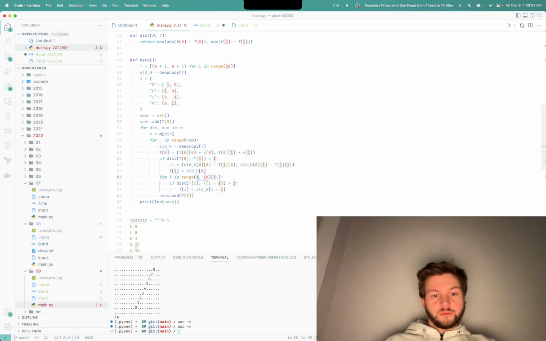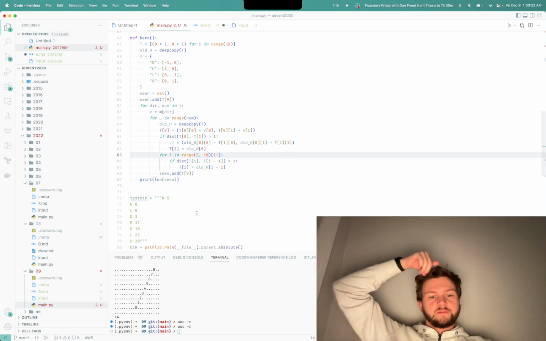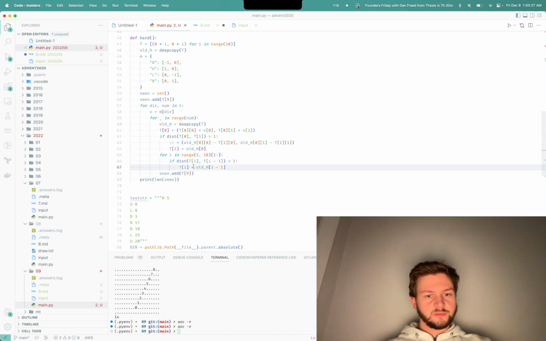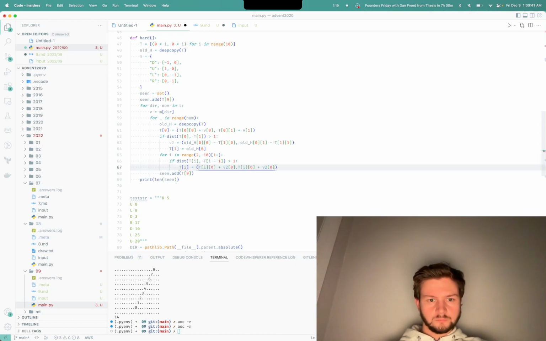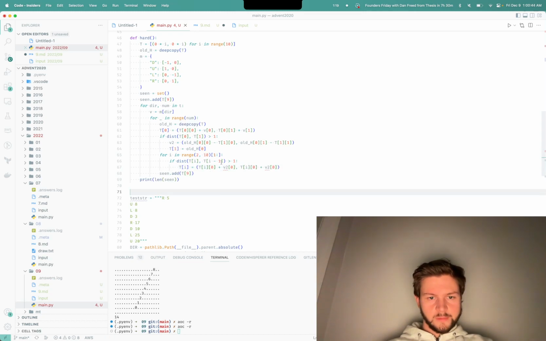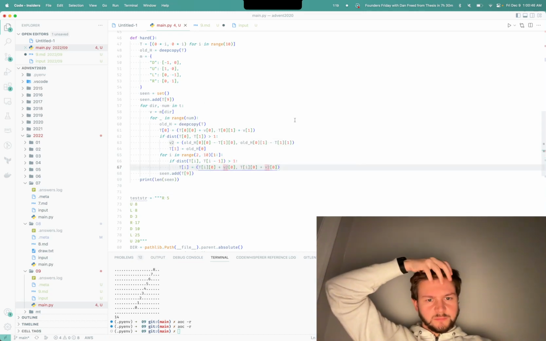And now we go through the range 2, and if the distance is greater than 2 plus 0, what's your issue?